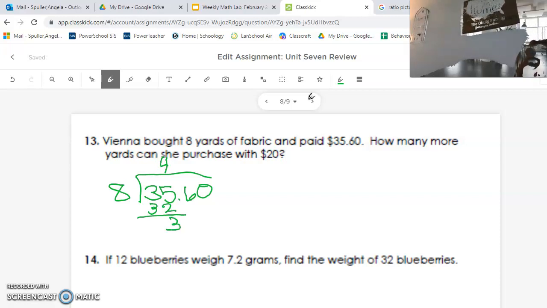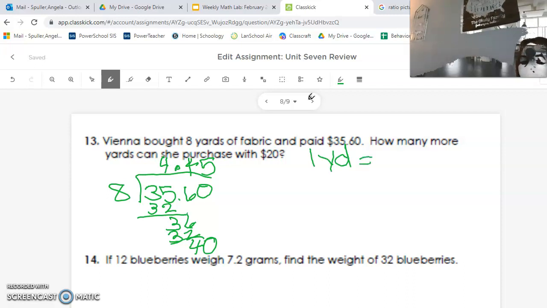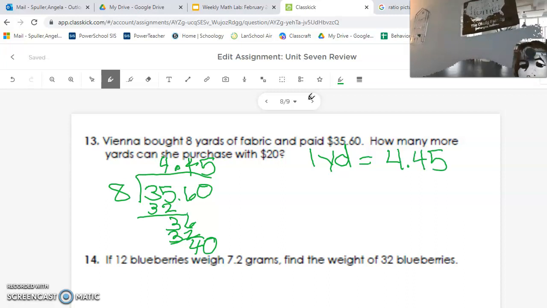Gives me 3. I'll move my decimal up. 8 goes into 36 4 times. 4 times 8 is 32. That gives me 4. Bring down that 0. It goes in there 5. So 1 yard equals $4.45. Okay.